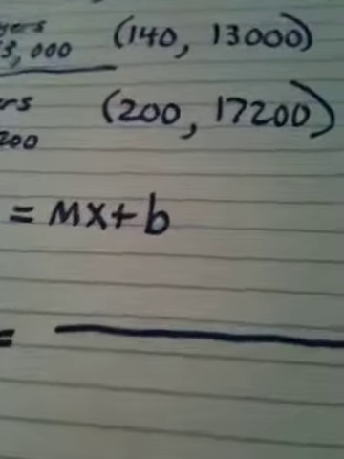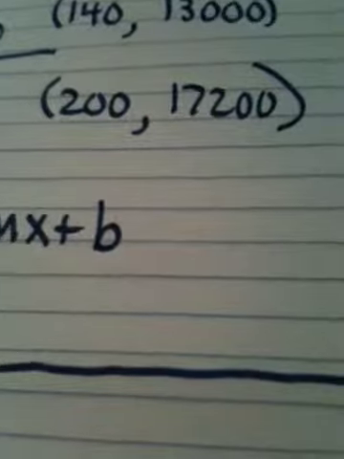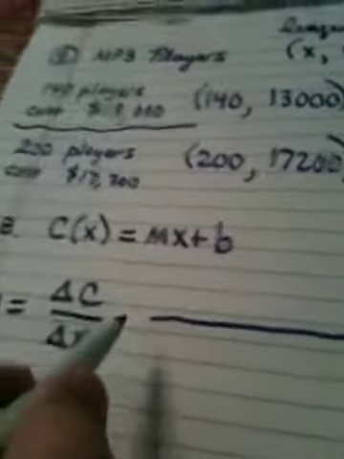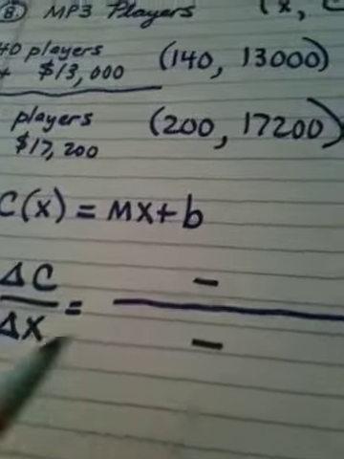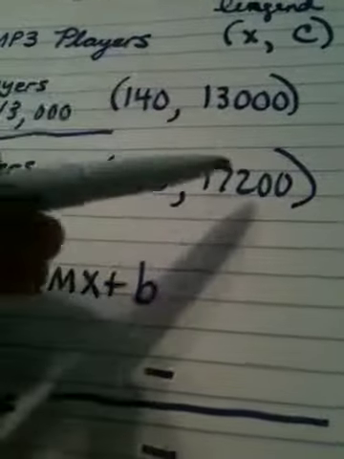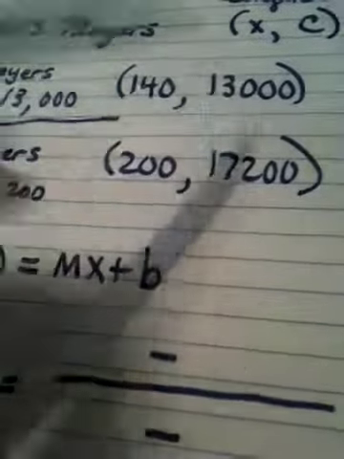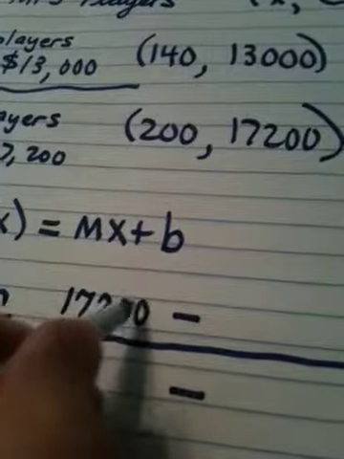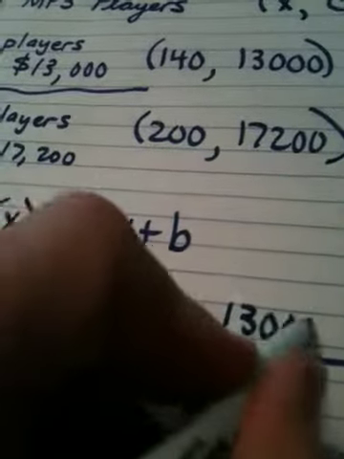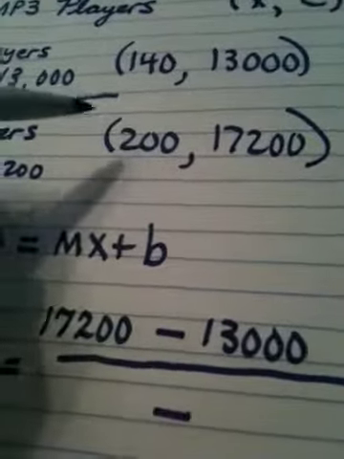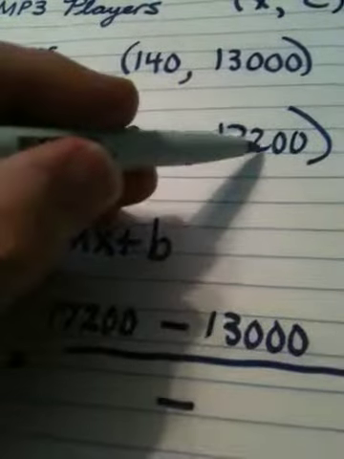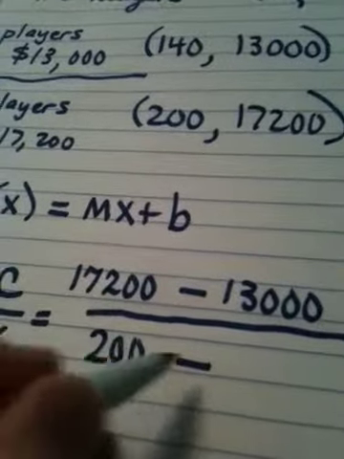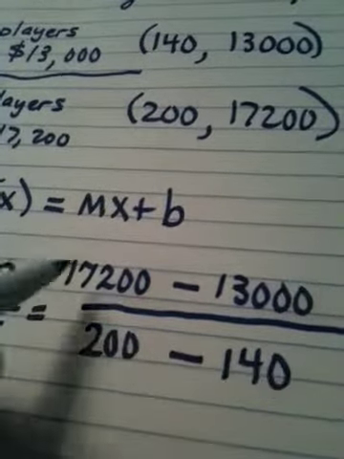So what I'm going to do here is change in cost means to subtract. So I'm going to do this cost minus this one: 17,200 minus 13,000. And on the bottom we're going to do it in the same order. If I started here for y, we're going to start here for x. So this will be 200 minus 140.